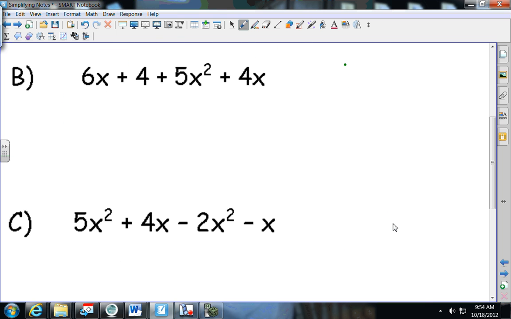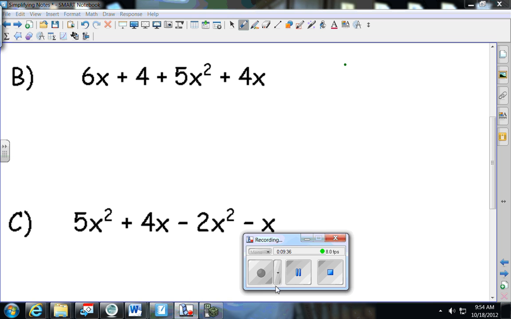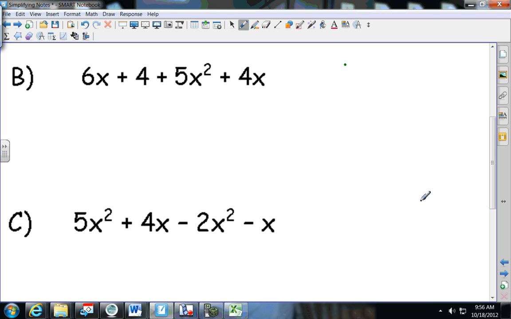Okay, go down here now and try and do B and C, please. In letter B, I'll go through and look, and I have just 1x squared. I have 5x squared. Then I have 6x and 4x.